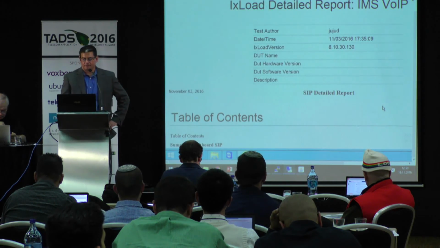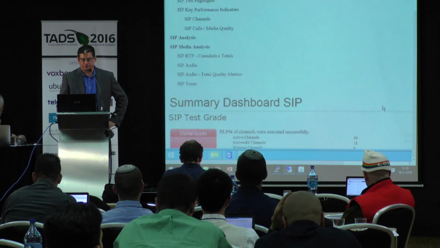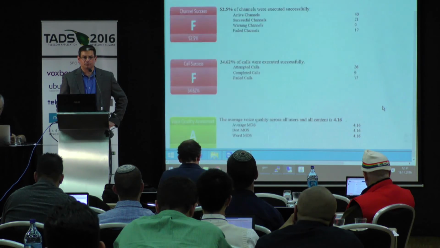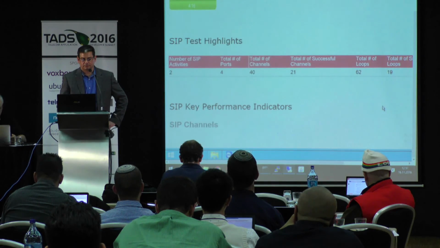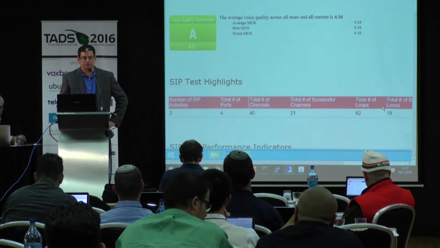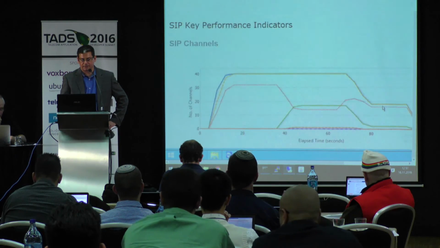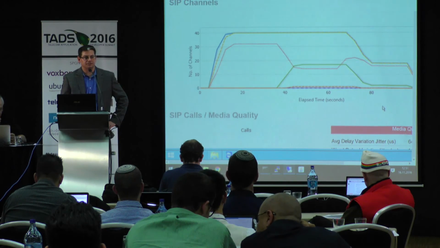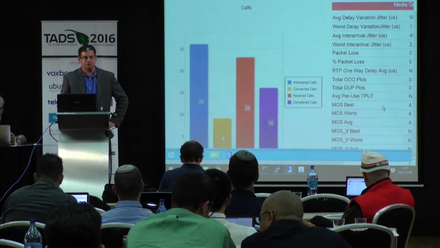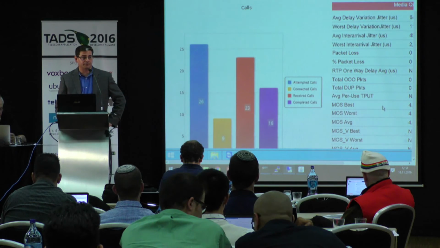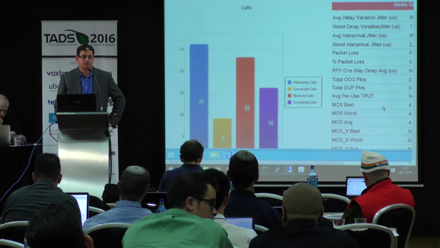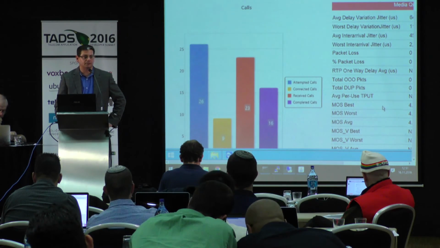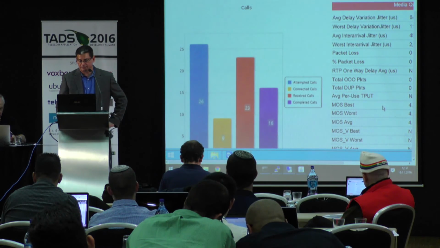So yeah, this is a test we ran a few days ago, but it goes through and gives you information. There's a summary dashboard, right? So you can see your average model scores, as well as key performance indicators, number of SIP channels that are handling it. So pretty standard test metrics that you've seen. Again, the concept here is that we're able to use JUJU to deploy the entire environment, so we can deploy either just the test, or we can actually deploy the environment under test as well, run the tests and collect the results.